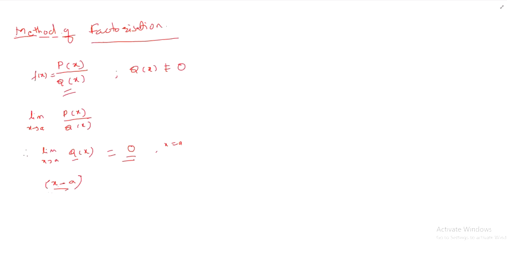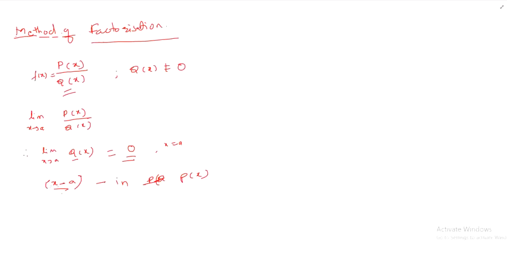But if the factor is not in p of x, then we cannot divide p of x by x minus a.